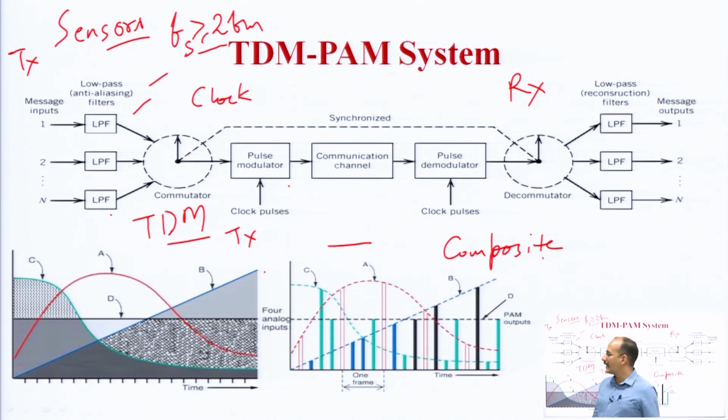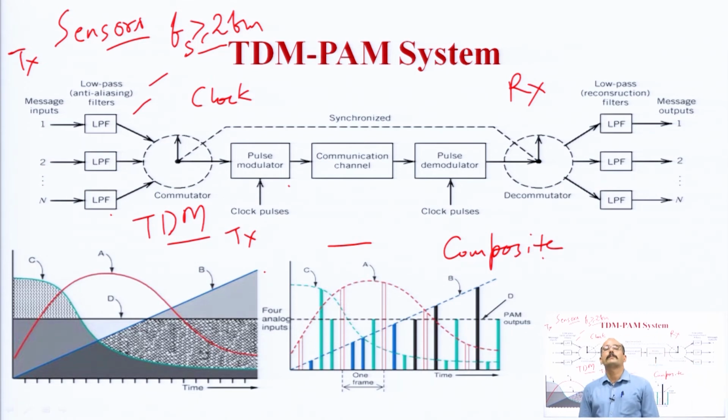At the receiver side you are getting this composite signal and you are going to pulse demodulate it and get the various message signals. So, in this part we are using a decommutator switch.